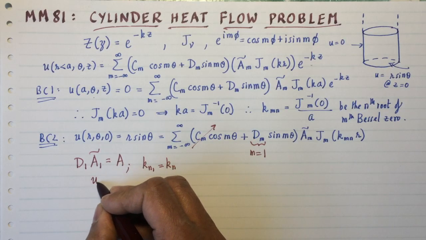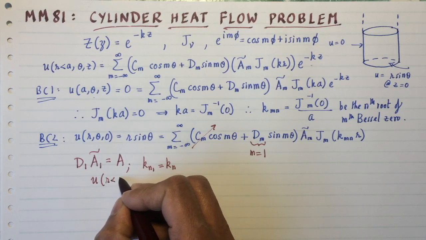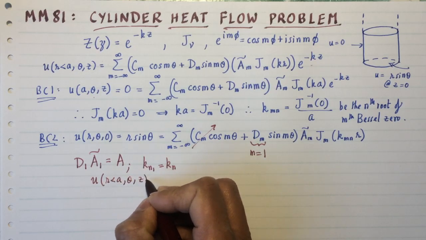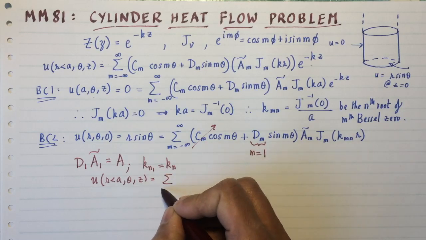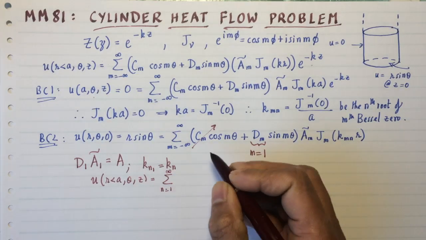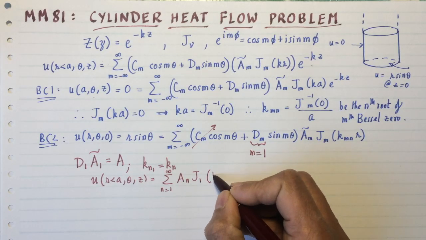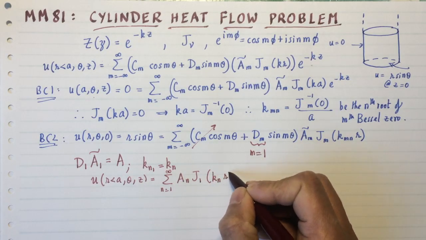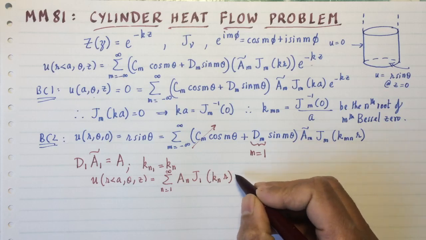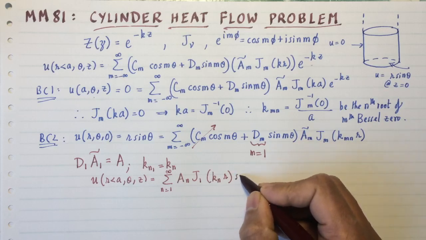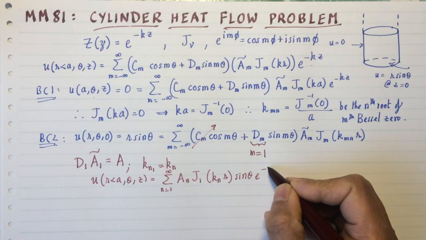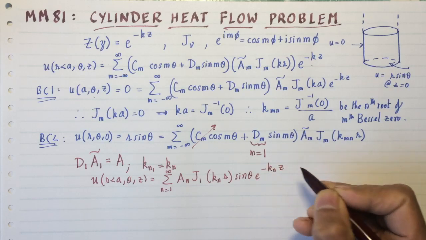So the solution now, for r less than a, theta, z, is just a sum from n equals 1 to infinity, a_n J_1(k_n r), because the Bessel zeros only go from 1 to infinity, sine theta e to the minus k_n z.